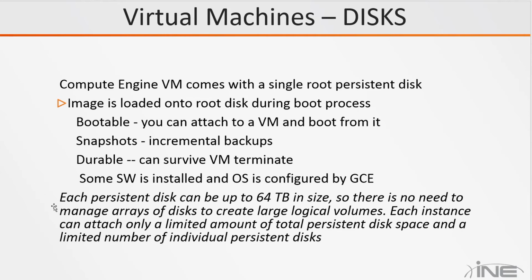That's your call. You could also attach a persistent disk as well. That's a very expensive approach, but you can if you really need to have that performance met for whatever purposes. Now, each persistent disk can be up to 64 terabytes in size, so there is no need to manage arrays or anything like that. So that's one of the benefits as well.